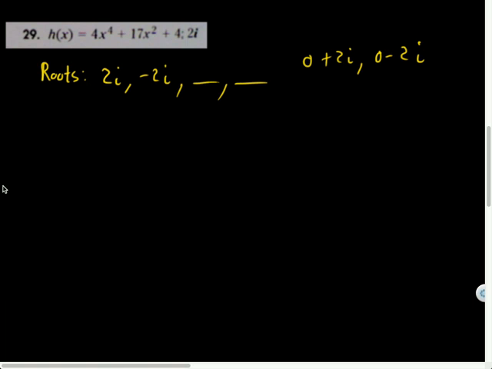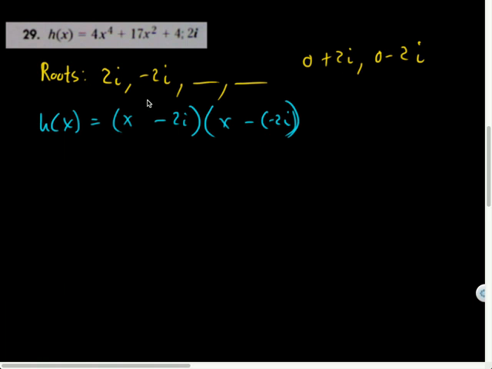But how are we going to find them? I'll show you. It turns out I can find a depressed polynomial that happens to contain the 2 roots that I know. Does anyone know how I could find that? Yeah, exactly, right?